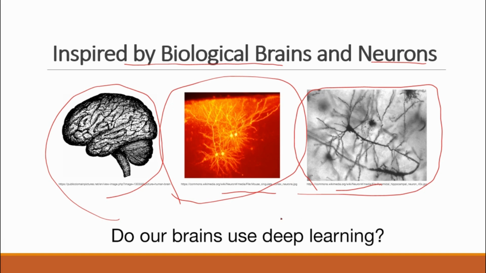And also the big question is usually, do our brains use deep learning at all? So in the human brain, is there some deep learning algorithm running? Actually, I don't think we can answer that with full certainty, because people don't know yet how human brains exactly work. There are still many things that are not clear yet, and many things that are still mysteries.